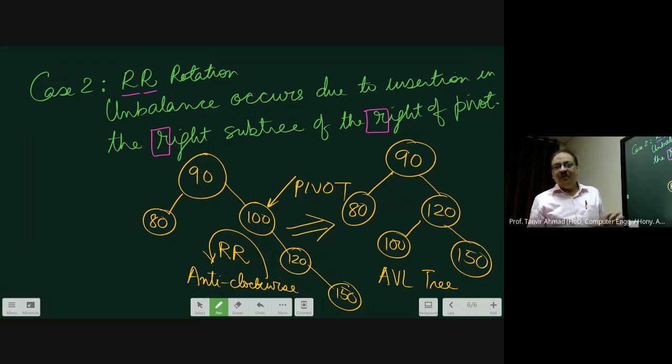Okay. Now that means we have covered 2 rotations, LL and LR. Now let me try to show you why. Suppose I take a tree like this.